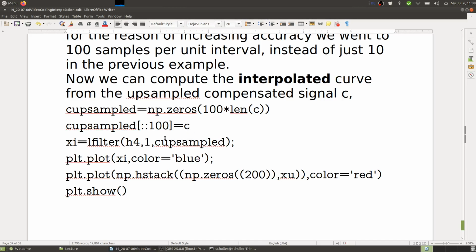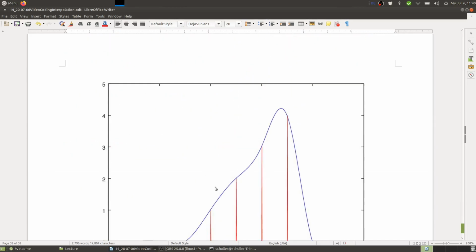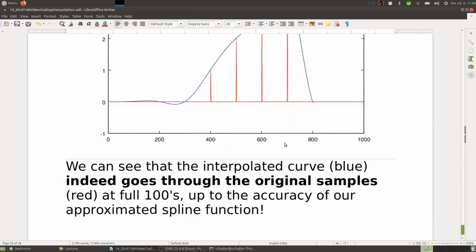Then we can apply our spline interpolation using lfilter and H4 to the upsampled compensated image and obtain the spline interpolated original values back. So this is the curve that we just saw.